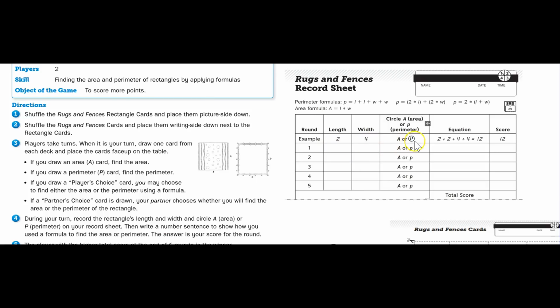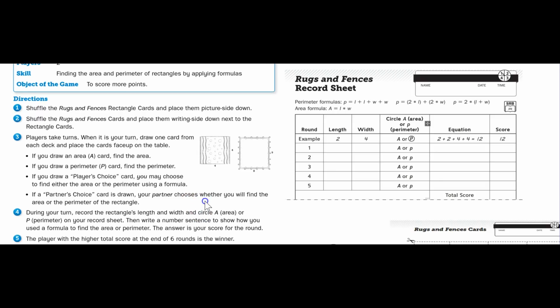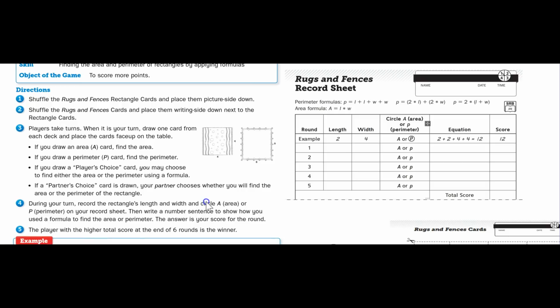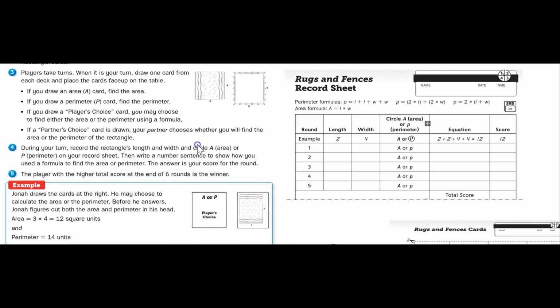You'll circle A or P, depending on whether you're finding area or perimeter. You'll record your equation and your score. Your answer is your score for the round. The player with the higher total at the end of 6 rounds is the winner.